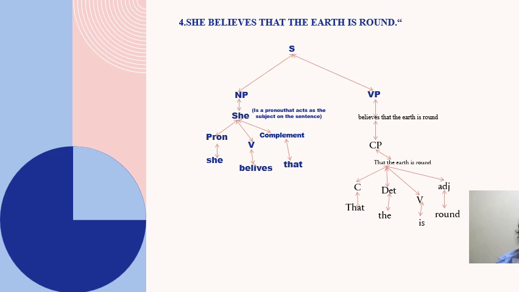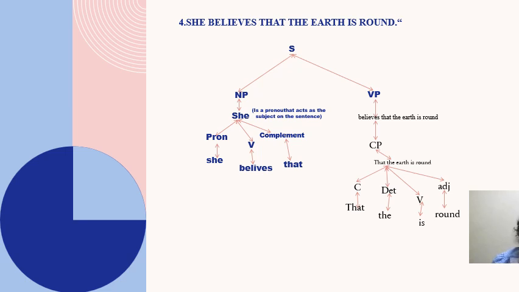Okay, we divide again into a noun phrase on the right. The noun phrase is she. Why is she a noun phrase? Because it is a pronoun that acts as the subject of the sentence.